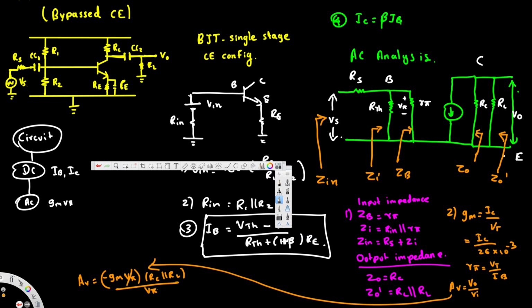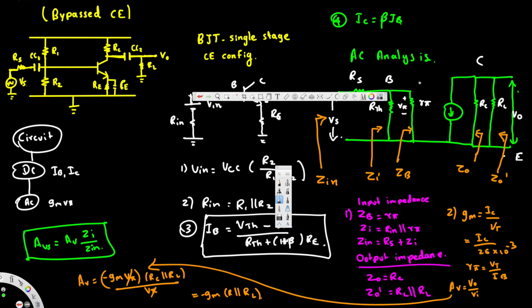Here you can see V5 cancels, so the gain becomes negative gm times RC parallel RL. And finally we can write it as AV times ZI over Zin. That's what we can derive from AC analysis.